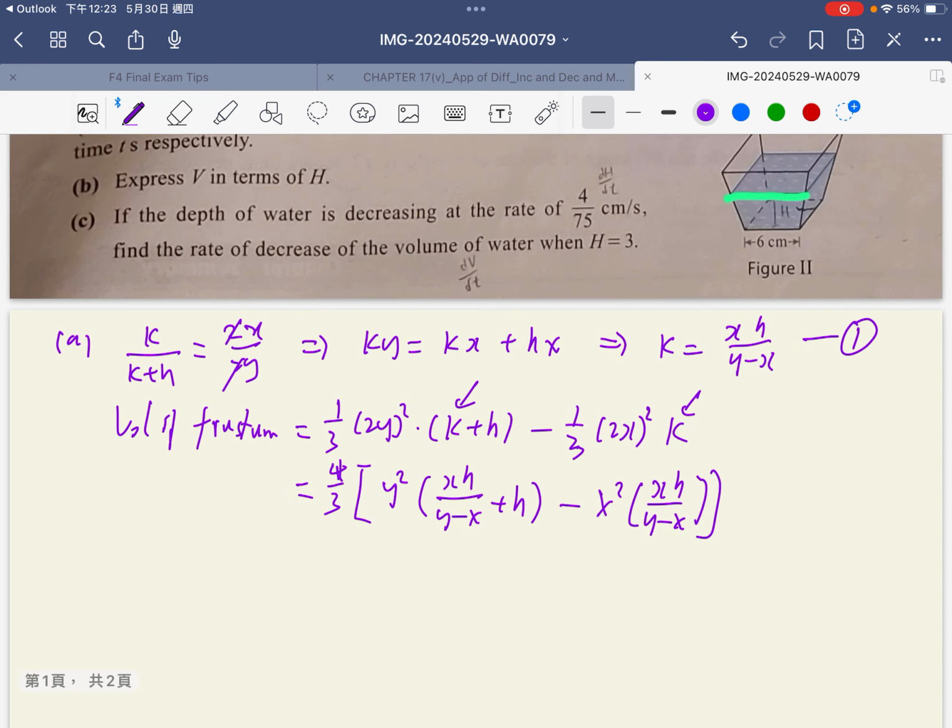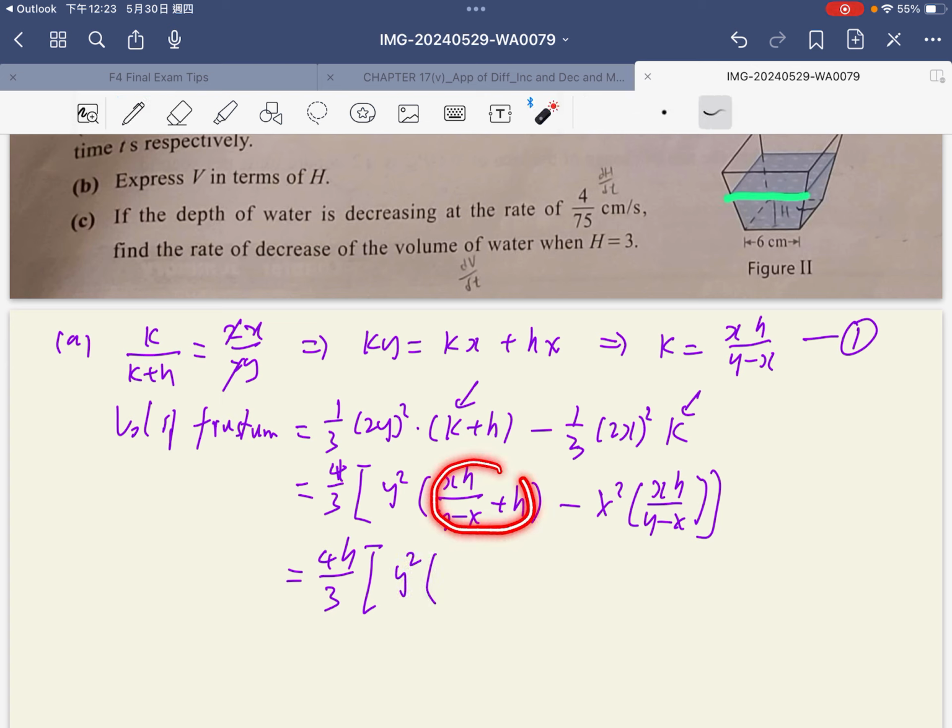Here we discover that h is also a common factor, so we factorize the h outside the bracket, and reduce these two fractions to a common denominator, y minus x.